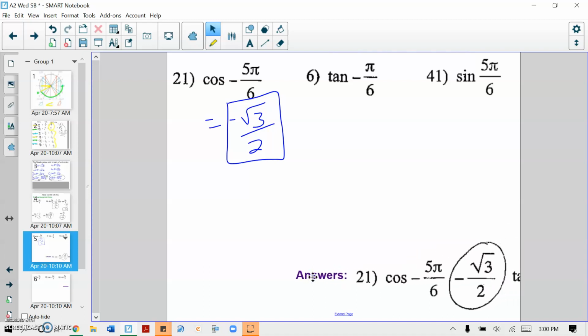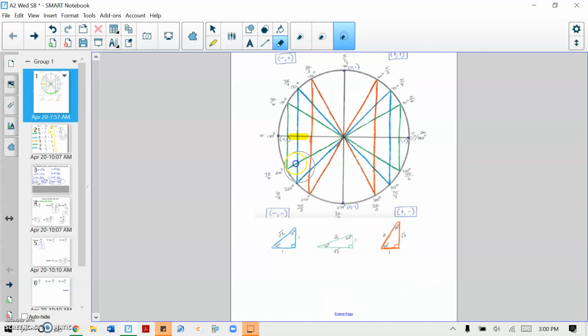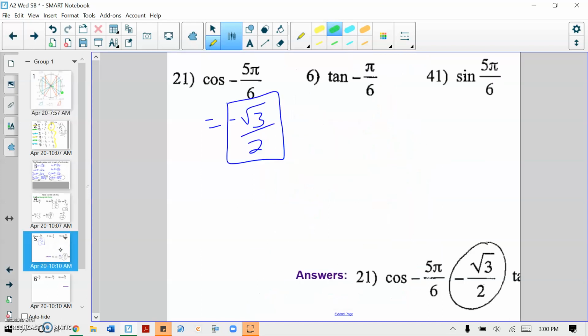Let's try another one. Tangent of negative pi over 6. Okay, let me erase all this. All right. Tangent of negative pi over 6. Well, pi over 6 is right here, right? So negative pi over 6, I'm going to be looking at this angle right here because you're going in a different direction, okay? So that means I'm looking at this guy as my reference angle. I wanted tangent.